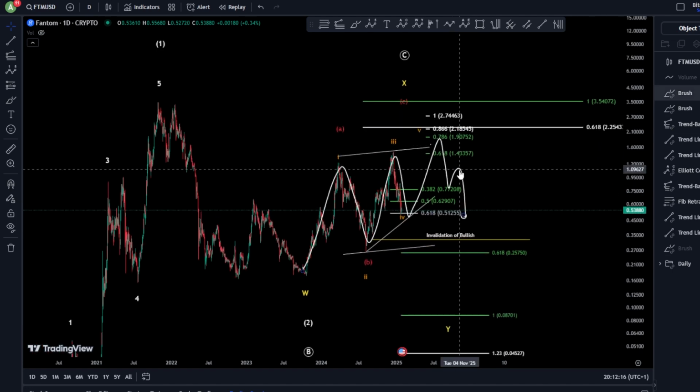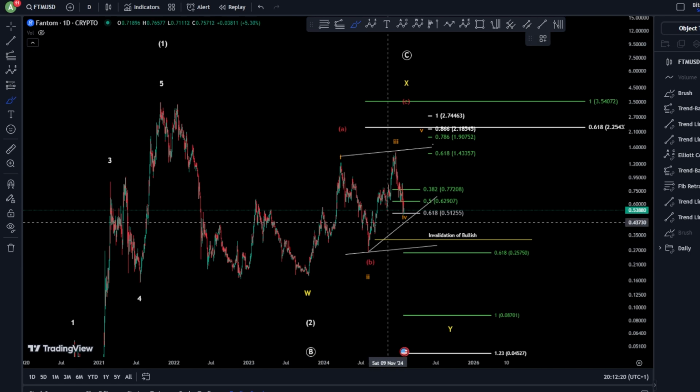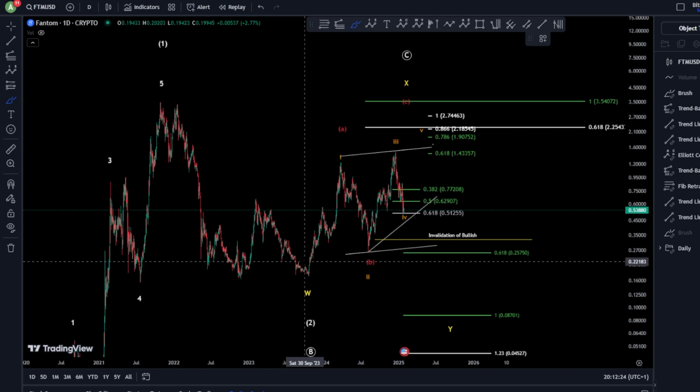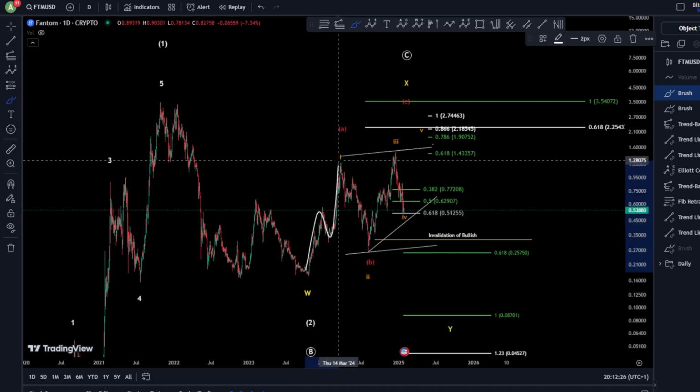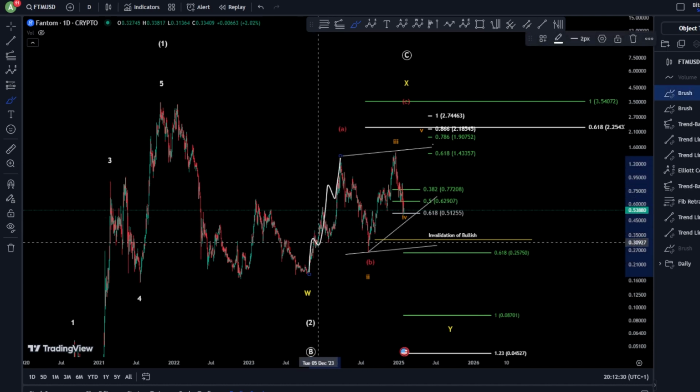Now, the higher possibility between a 1-2 or double 1-2 and a contracting diagonal is the contracting diagonal. You will ask me why. That's because we have an ABC formation here and not an impulse 1, 2, 3, 4, 5. Look at the difference.